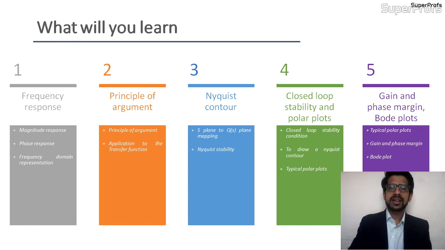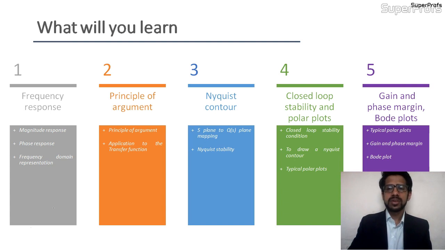We'll be looking at how to draw Nyquist contours, and to learn how to draw Nyquist contours, it is very much required to know how to draw polar plots. After we know how to draw the polar plots, we'll be comfortable in drawing Nyquist plots, and we will be comfortable with Nyquist stability criteria.